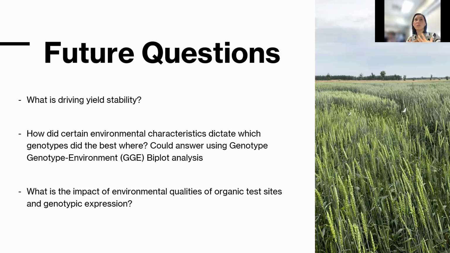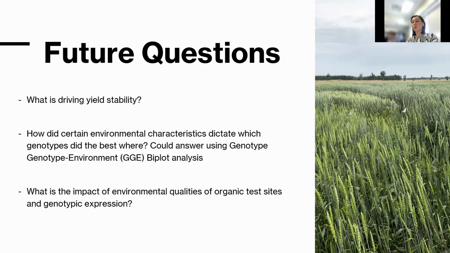We see a lot of times when we're doing these testing trials and the whole site has very low yield, we often don't see genotypic expression and differences between genotypes. And there isn't a lot of information and data in the literature that speaks to this challenge in organic plant breeding.